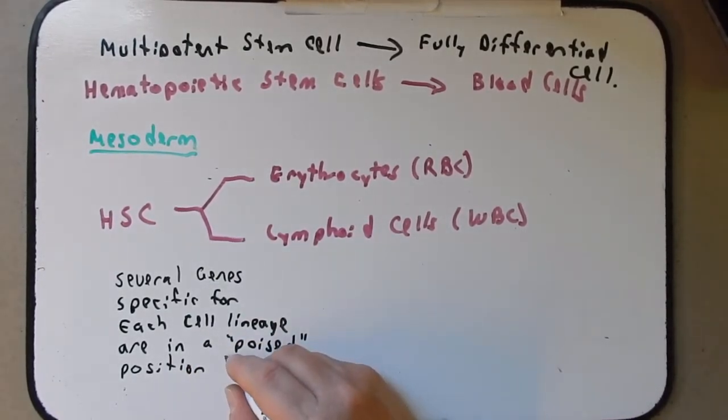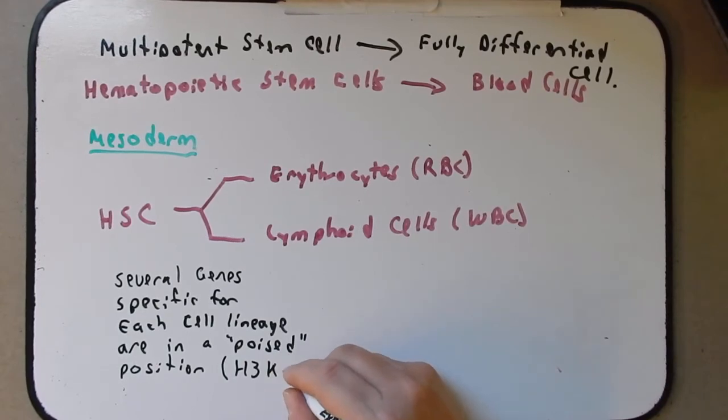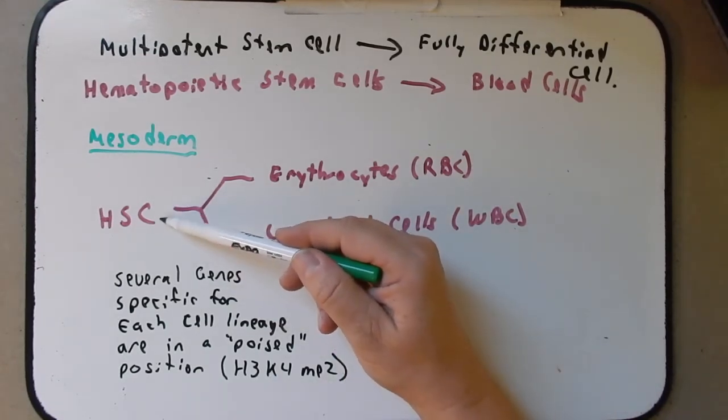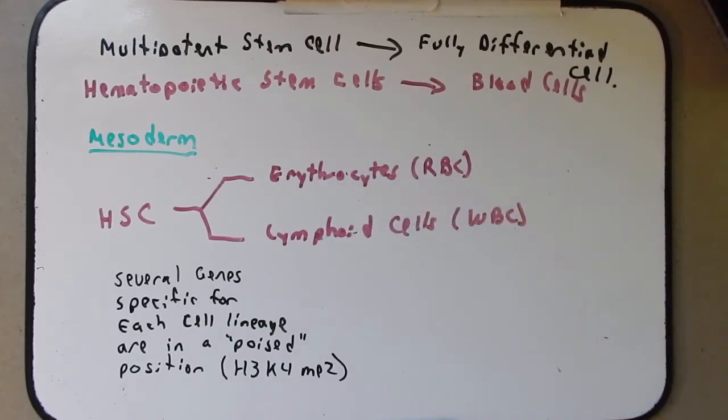And if you remember, the hallmark of that poised position is having histone 3, lysine 4 double methylated, having 2 methyl groups on it. Because remember, when you add that third methyl group to it, that's when gene expression can occur. So it's in this poised position. And this is a way that it can commit to multiple different pathways in a fairly rapid response.